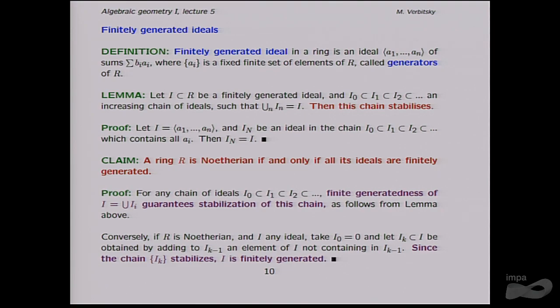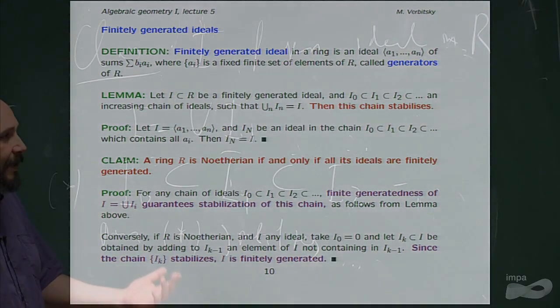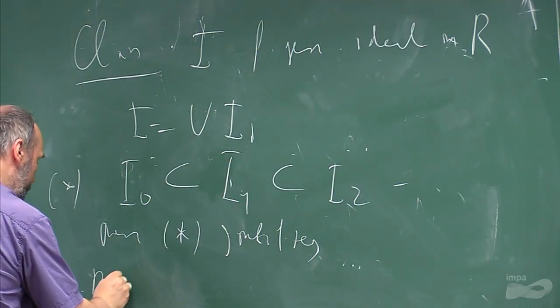Suppose that I is a finitely generated ideal in R, and I is a union of the chain I0 contained in I1, contained in I2, and so on. Then this chain stabilizes. The proof is easy. It's one line.